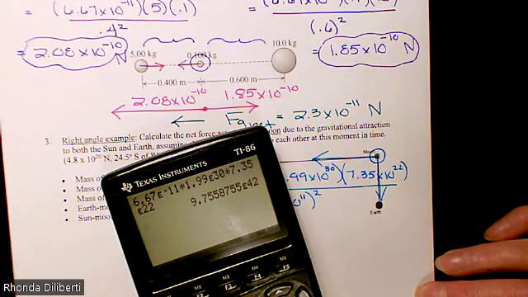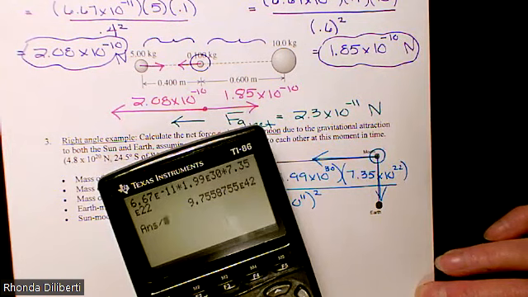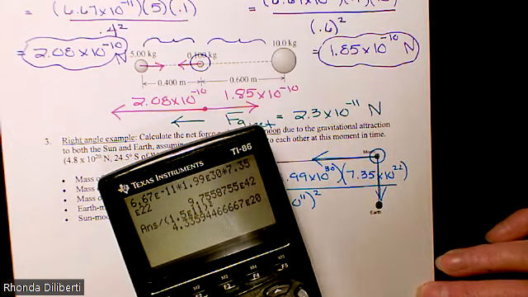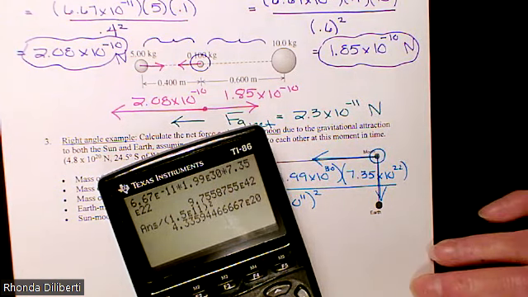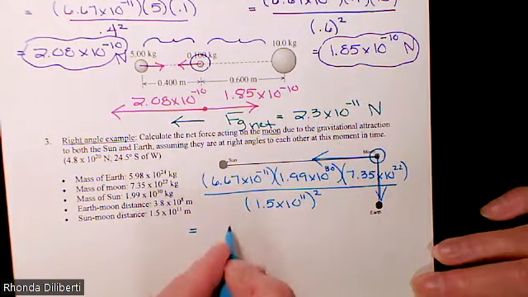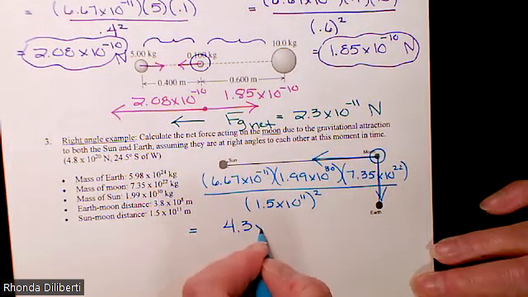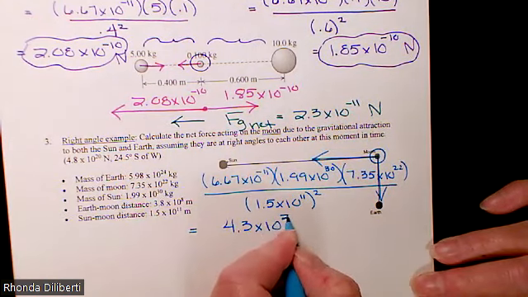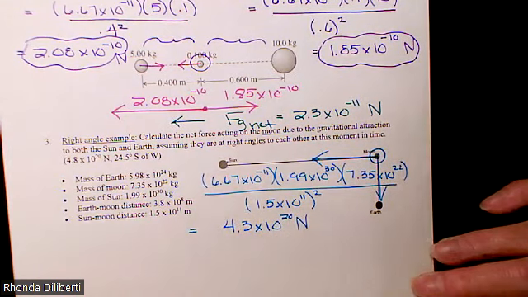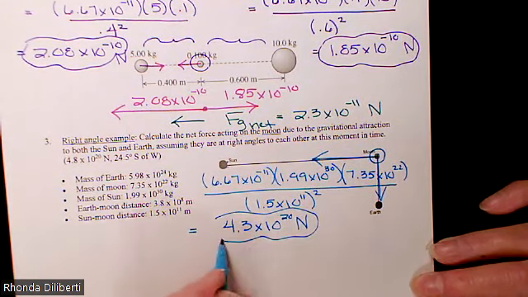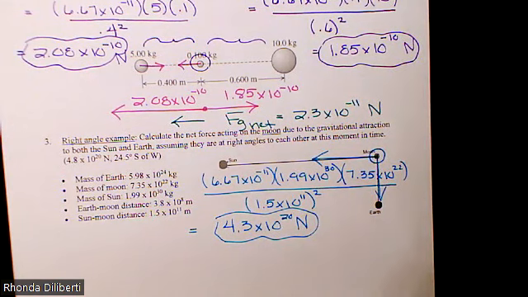There's my numerator, divided by parenthesis 1.5 e to the 11, and then I got to square that. And I'm going to call that 4.3 times 10 to the 20th newtons.